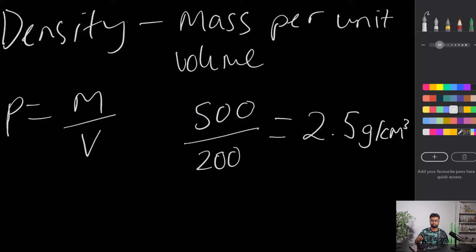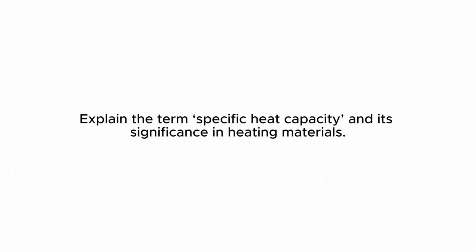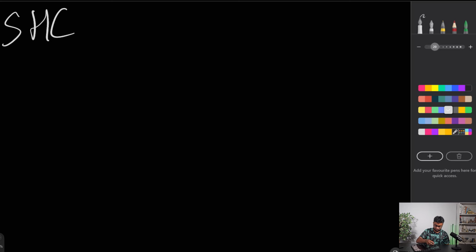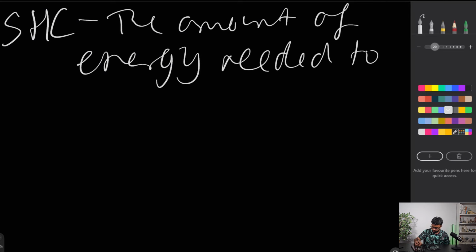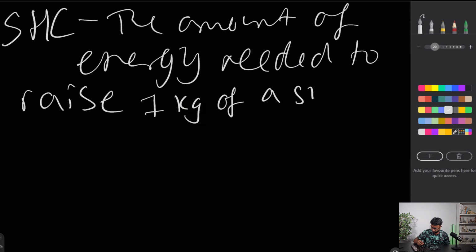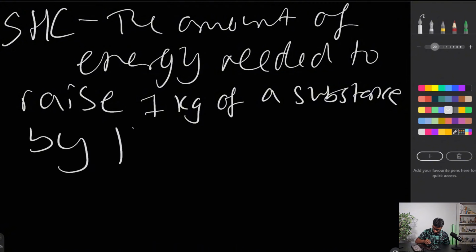answer this question. The next question tells us to explain the term specific heat capacity, or SHC, and its significance in heating materials. Well, specific heat capacity is the amount of energy needed to raise 1 kilogram of a substance by 1 degree Celsius.